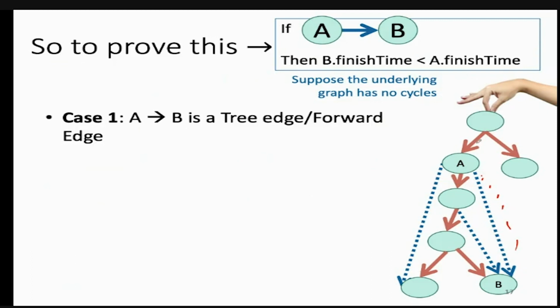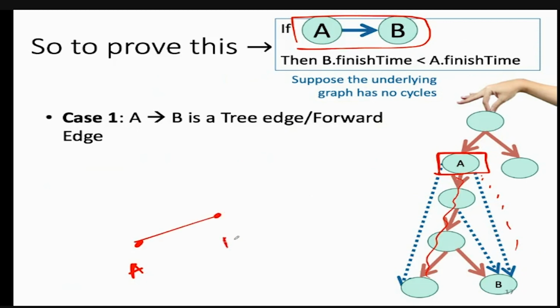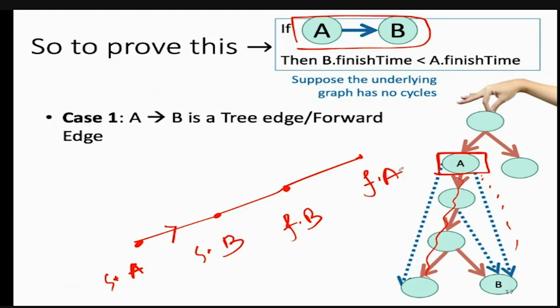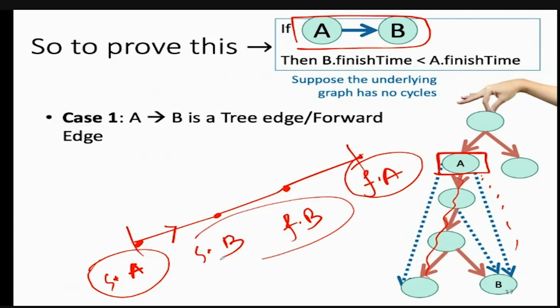If this edge is a tree edge or forward edge, then we know from our DFS and the finishing time things that we will start A at some point, and then gradually we will start at B. Finally, we will finish B. So the starting time of A, then we will start B, then finally we will finish B, then at the very last we will finish A. The starting time of A and the finishing time of A are the two endpoints, and B will be started after A but will be finished before A.